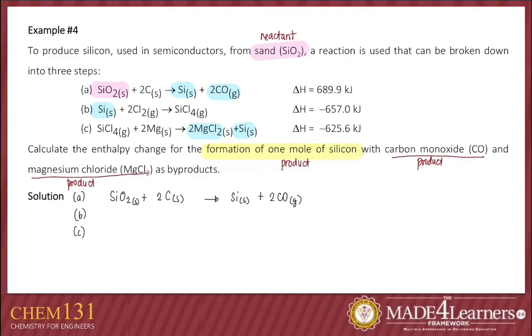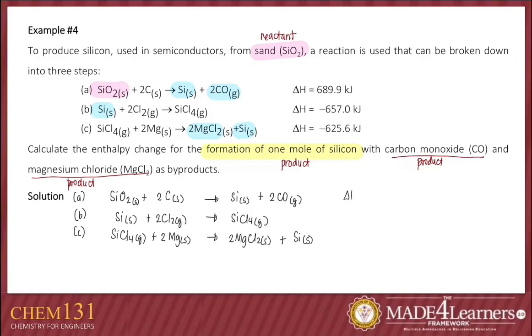And then we have Si solid plus 2 chlorine gas, then we have SiCl4 gas, and then SiCl4 gas plus 2 magnesium producing 2 MgCl2 solid plus Si solid.